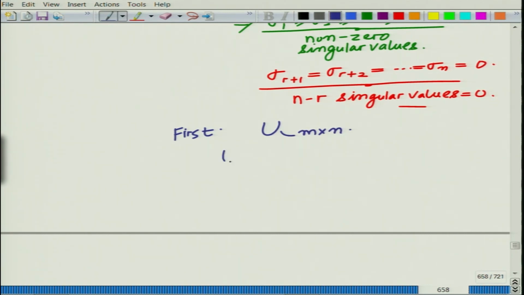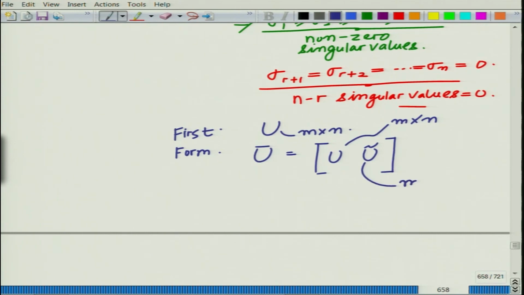Now, we form the matrix U bar, which is the matrix U, and you have U tilde. Now, U is m cross n, and we can make U tilde m cross m minus n. So, you are adding m minus n columns such that U tilde is also orthonormal.